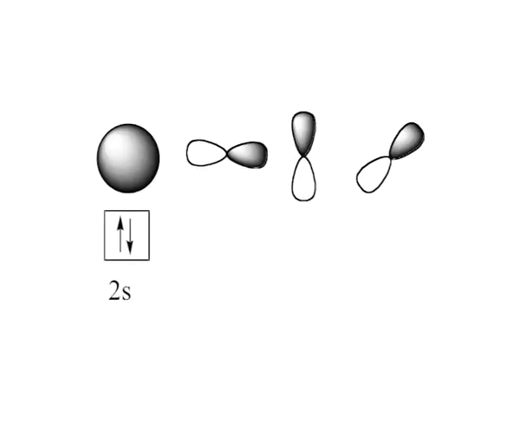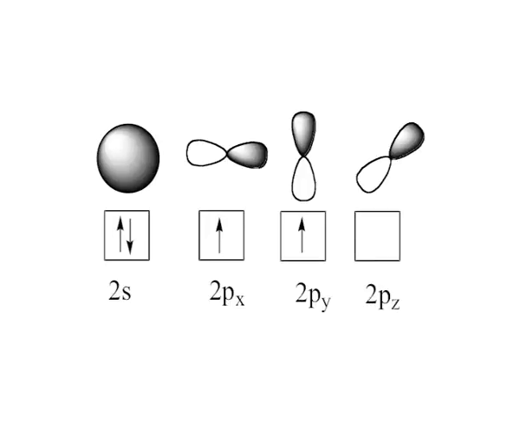sp3 hybridization of carbon. In the valence shell of the carbon atom, which is the L shell, there are 4 electrons, due to which the valency of carbon is 4. In the ground state, the s orbital of the L shell has 2 electrons, while 1 electron is present in each of the px and py orbitals; the pz orbital is empty.